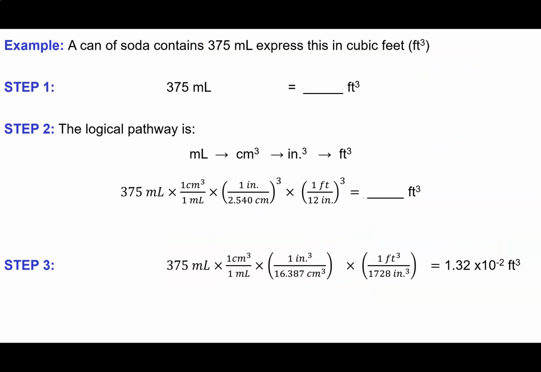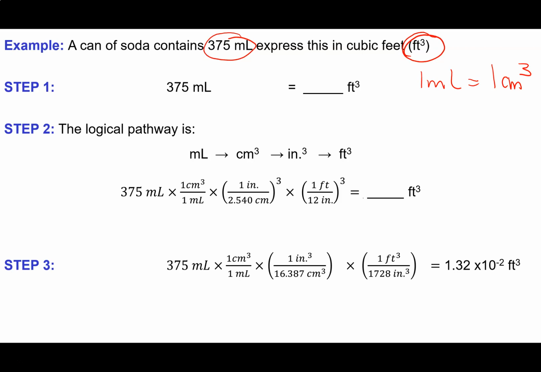Okay, here's another one where we've got a cube in here, right? So it says a can of soda contains 375 milliliters. What I want you to keep in mind is that 1 milliliter is exactly the same as 1 centimeter cubed. They are both units of volume, and milliliter is just like an abbreviation for centimeters cubed.